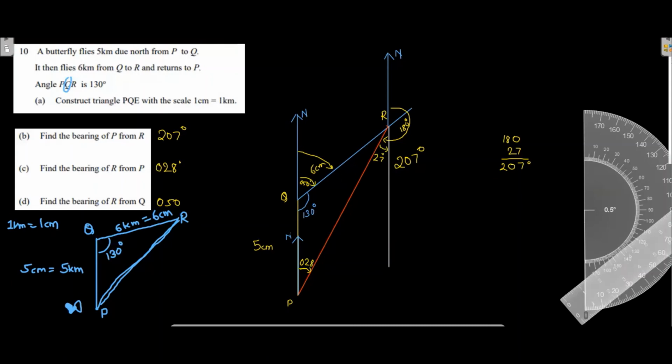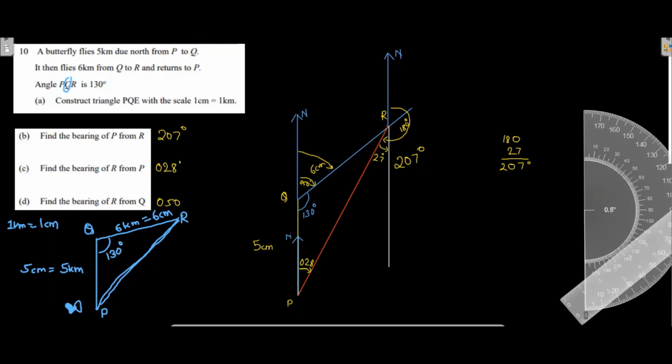See which letter comes first, and on that letter only, you should draw the north line. Sometimes the question is R to P, which means R is the first letter. If the same question is asked as P from R, then obviously from R means R should come first. So understand which letter comes first, and only on that first letter draw the north line.